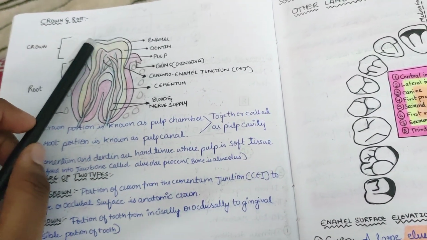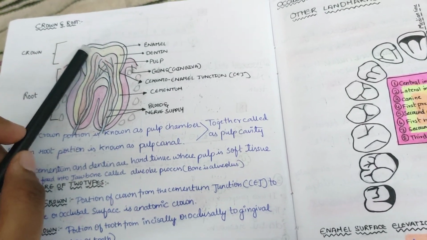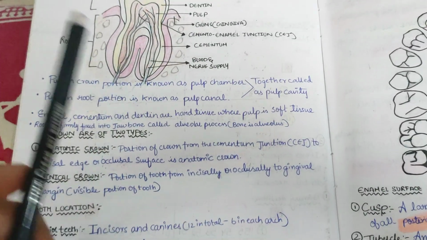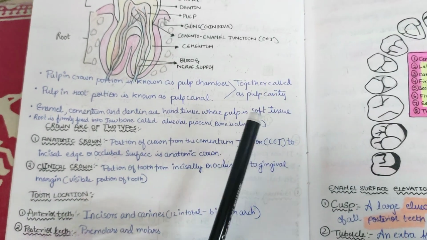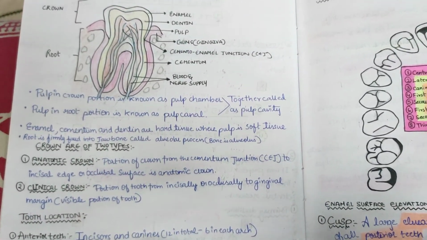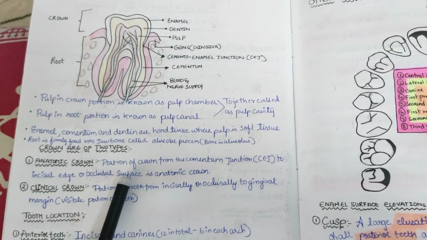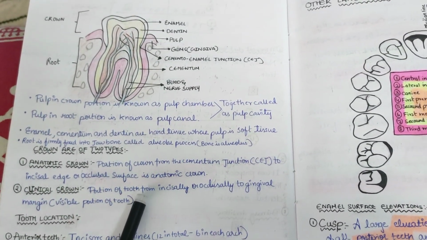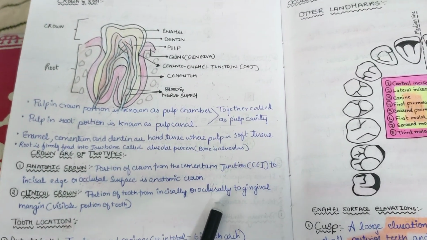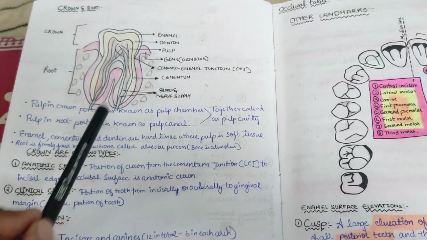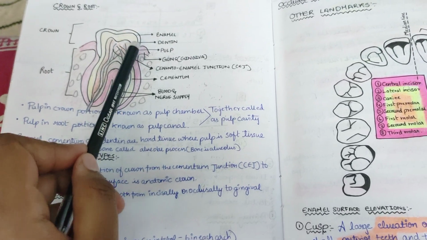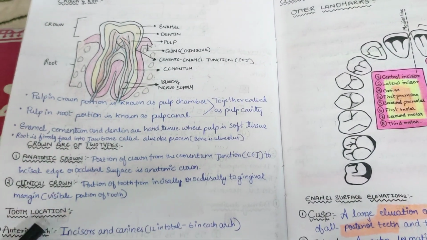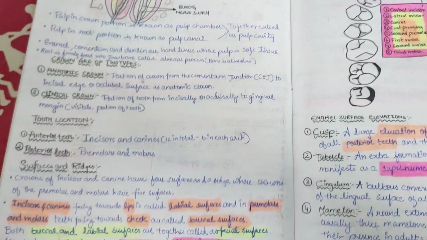The edge of anterior teeth is known as incisal, whereas the edge of posterior teeth is known as occlusal. The anatomical crown cannot be visible. But the clinical crown is the portion of the tooth from the incisal or occlusal surface to the gingival margin, that is from here to here. So we can see the teeth. The visible part of the tooth is known as the clinical crown.